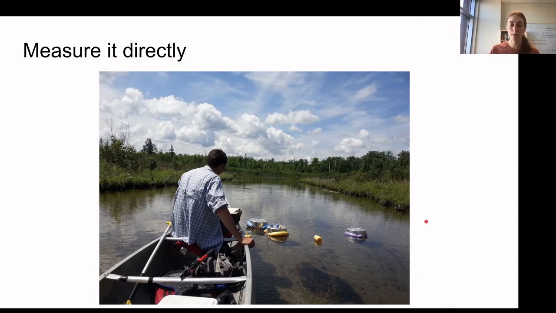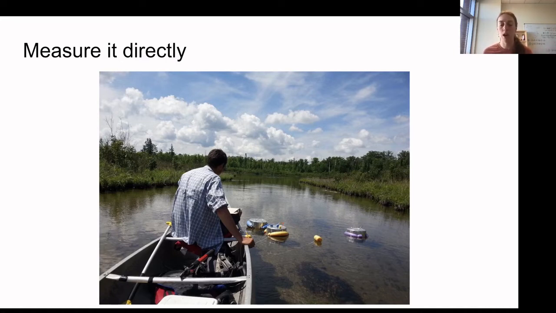So how do we measure it directly? This is a photo of Nick Gubbins, who you saw in previous lectures, actually measuring gas flux. What they did is they put these little collars out with little floaties around them. This is probably a methane or a CO2 study, where there's relatively low methane or maybe even CO2 concentrations in the atmosphere when you put those collars on.